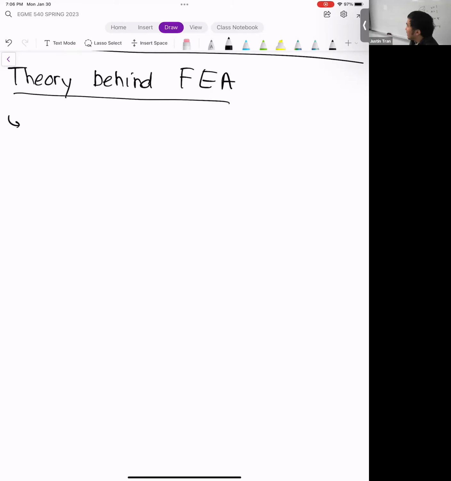It doesn't have anything to do with compute. It doesn't even have anything to do with computers. At its core, FEA is actually a technique for transforming differential equations into a system of algebraic equations.